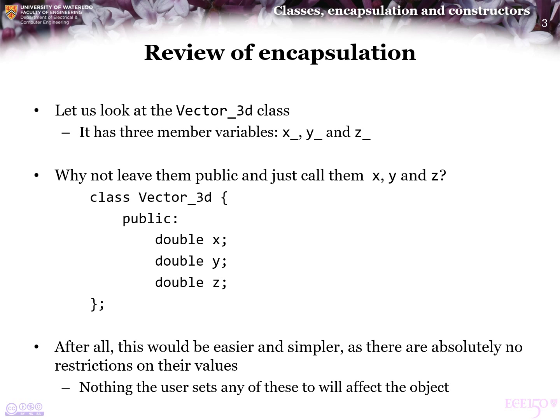After all, the underscore is not really that useful, and there are no restrictions on any of these three values. There's no real value that the user could set to any of these member variables and not have it represent an actual three-dimensional vector. So consequently, what would be the benefit of having encapsulation?